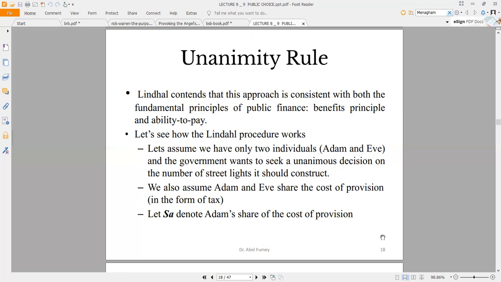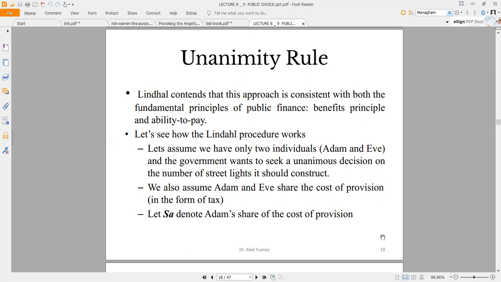Now let's see how this procedure works. Let's assume we have two people, Adam and Eve, and the government is trying to get a unanimous decision from these two people to produce a street light. Now we also assume that Adam and Eve will share the cost of the provision of the street light.